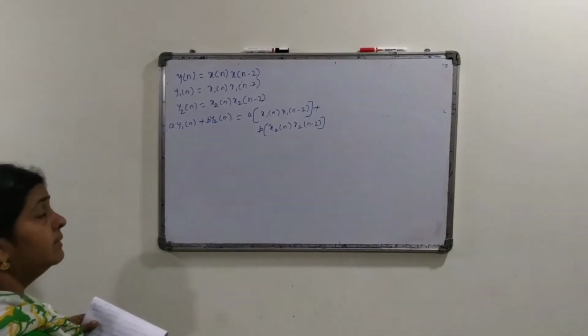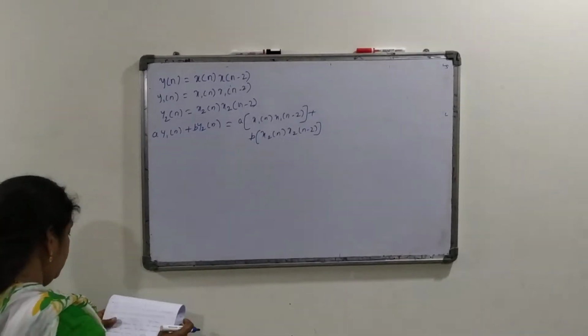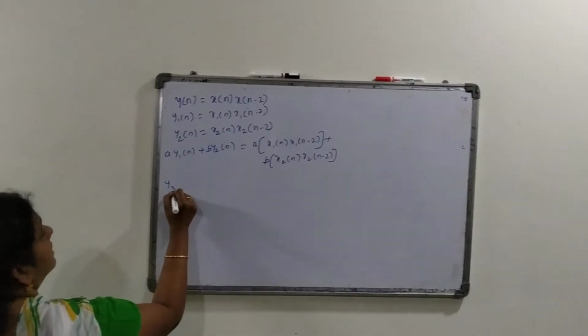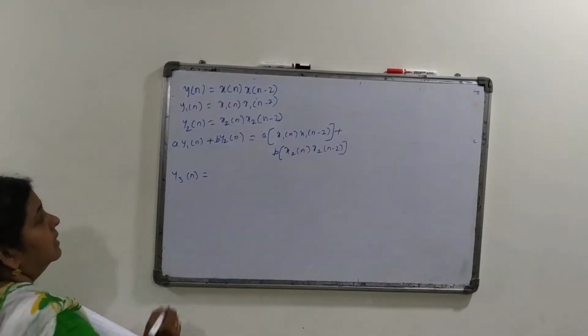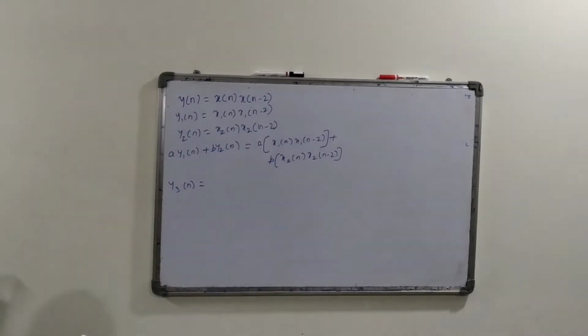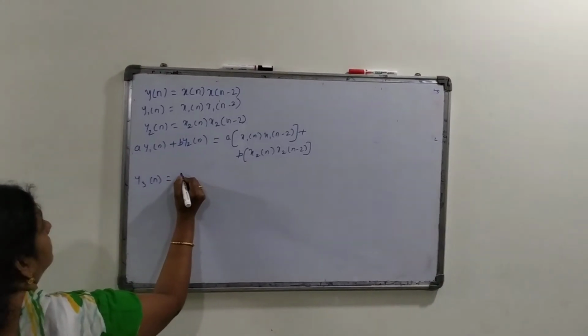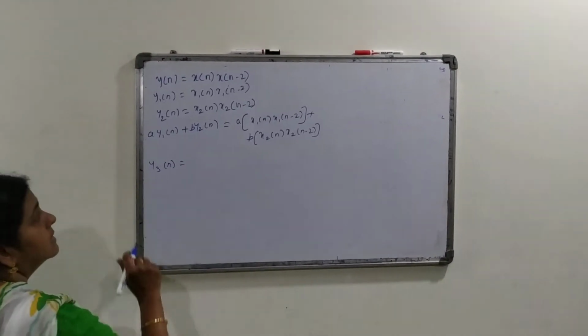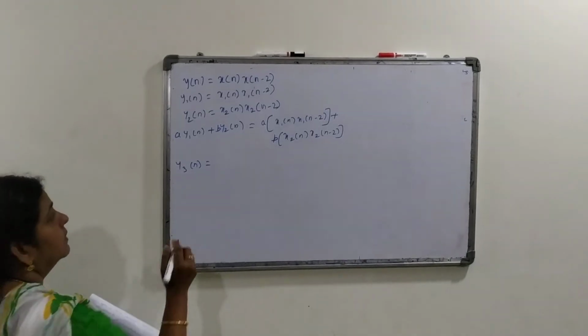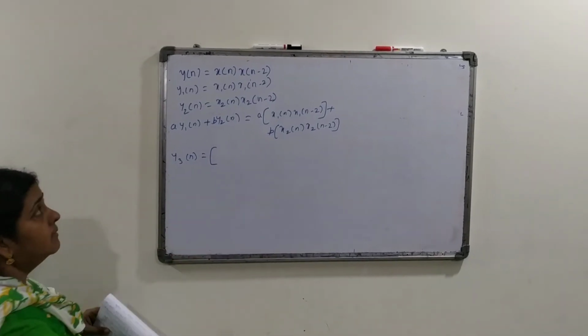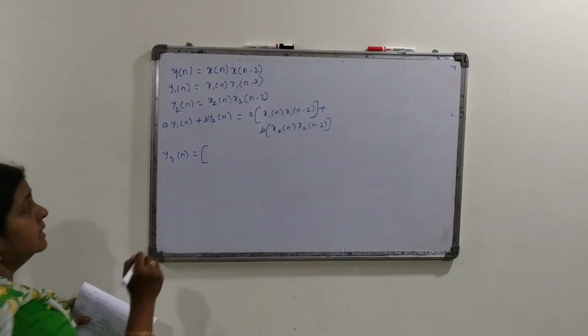Now what we have to do here is take our y3 of n. In this case we have to take the input function in terms of the linear combination. So let us consider y3 of n, and our input will be the linear combination.